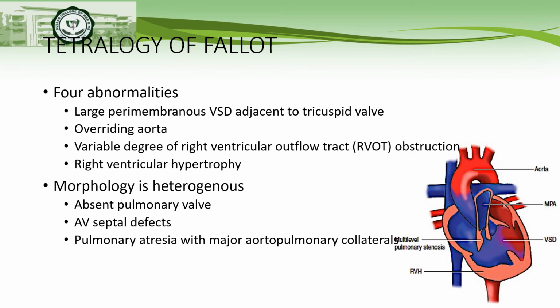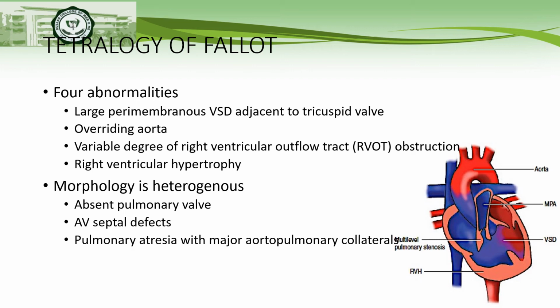So we have a large perimembranous VSD adjacent to a tricuspid valve, an overriding aorta, a variable degree of right ventricular outflow tract obstruction or RVOT obstruction, which might include hypoplasia and dysplasia of the pulmonary valve, as well as obstruction at the subvalvular and pulmonary artery level, and a right ventricular hypertrophy.